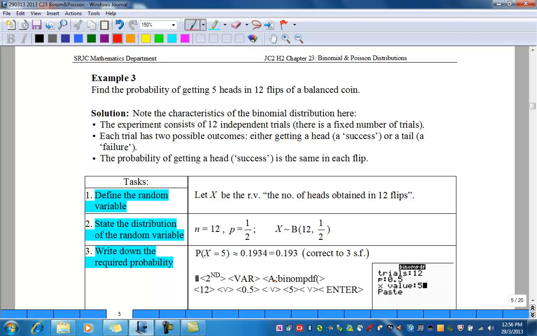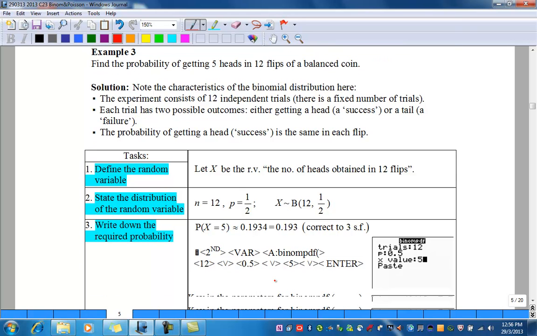Therefore, X follows a binomial B(12, 1/2). 3. Write down the required probability as stated in the question. P(X = 5), and using a GC you have a value of 0.1934.